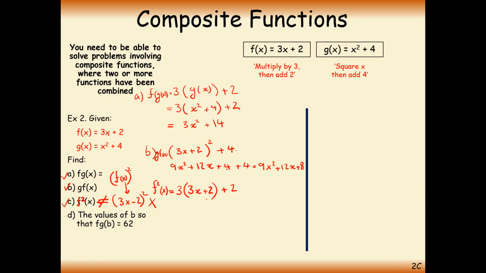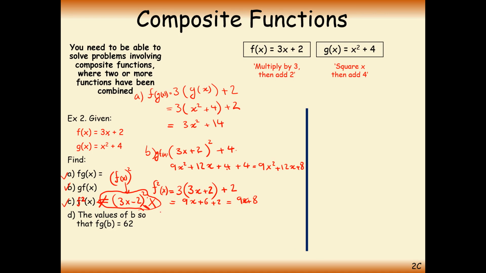So this bracket is simply 9x plus 6 plus 2, which is 9x plus 8. This is a common mistake some students make. Make sure you avoid it.